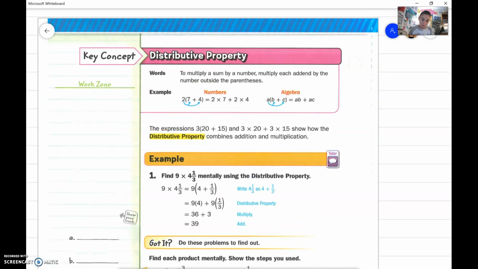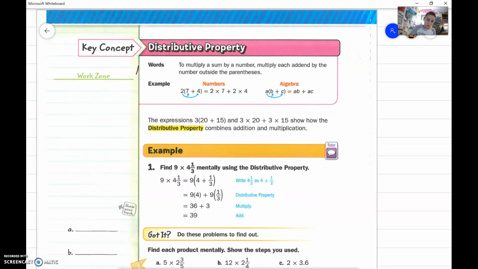So what is distributive property? In words, right here, to multiply a sum by a number, multiply each add-in by the number outside the parentheses. So, for example, if there is a number outside the parentheses, I am going to distribute it or multiply it with the numbers inside the parentheses.